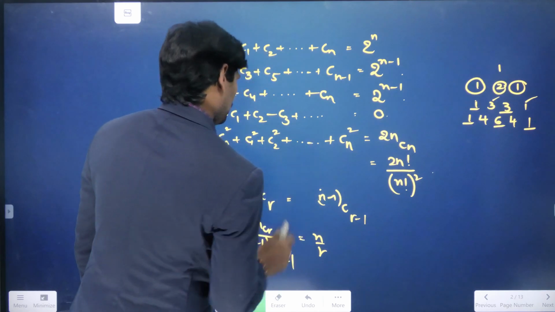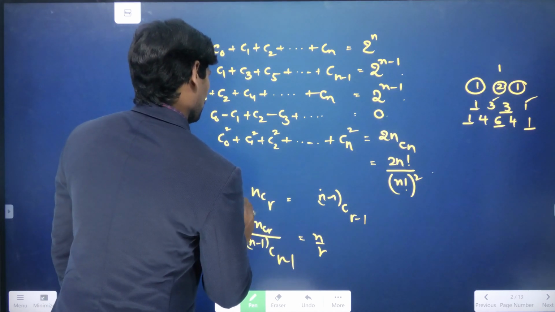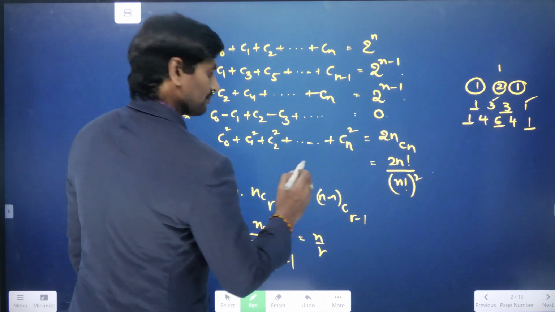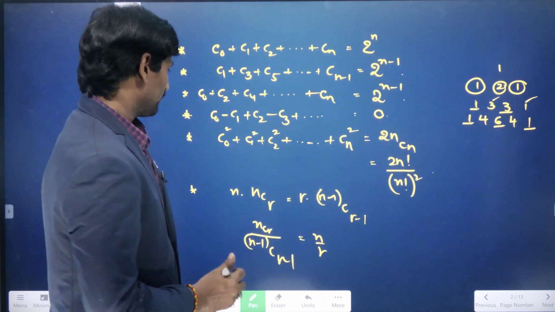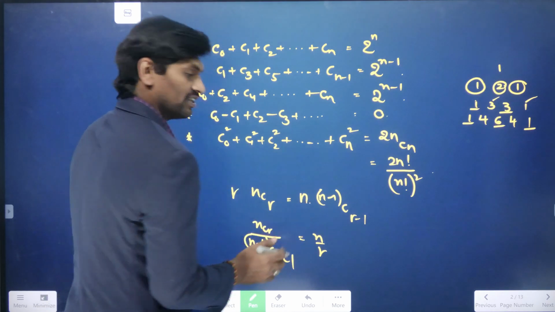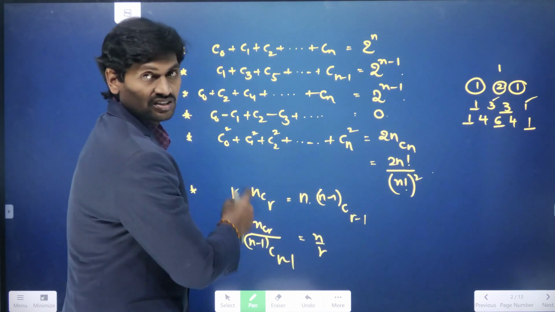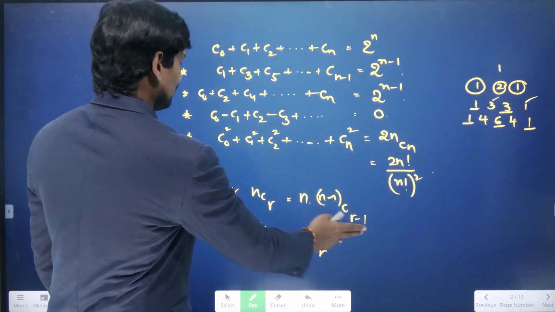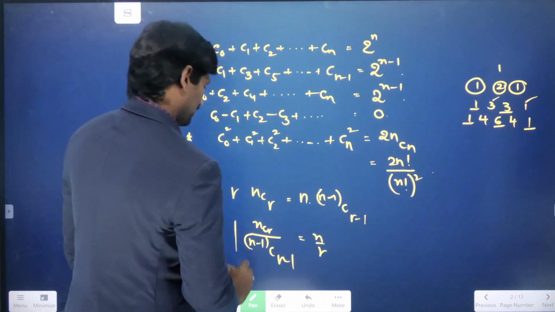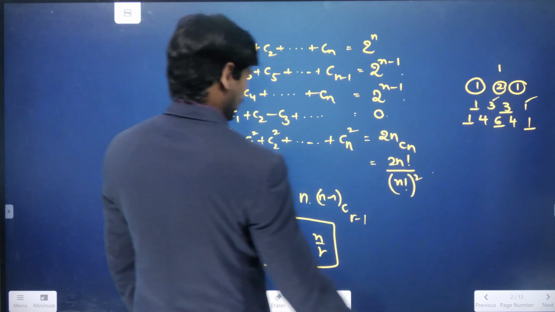Here it is r by n, sorry. Here r will be, here n will be, then only we can bring this. It is multiplying; when it comes, it is divided. Same way when you transpose r, that will be divided.